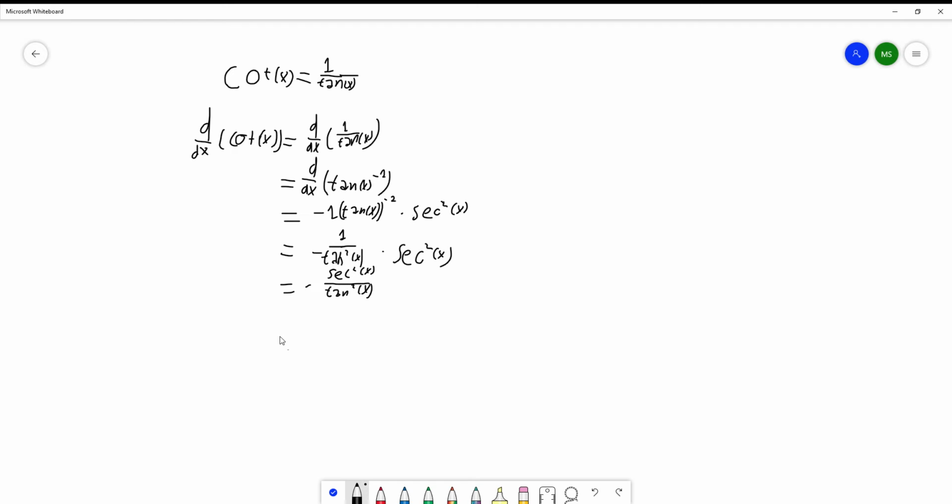We know that tangent of x is, well, sine divided by cosine, so we'll use that. And then we have to square it as well, so we do negative secant squared of x divided by sine over cosine squared.